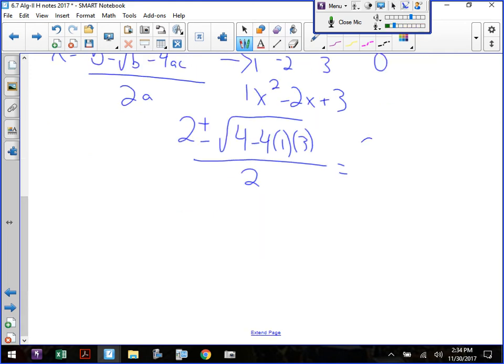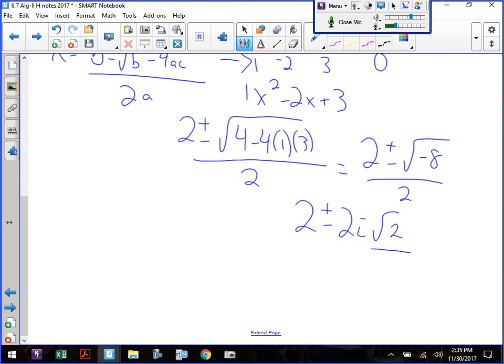So I have 2 plus or minus the square root of negative 8 over 2. What's the square root of negative 8? 2i root 2. Good. So that gives me 2 plus or minus 2i root 2 over 2.